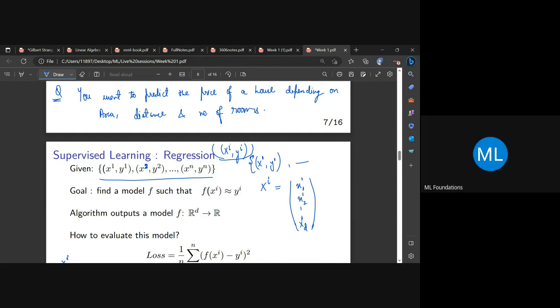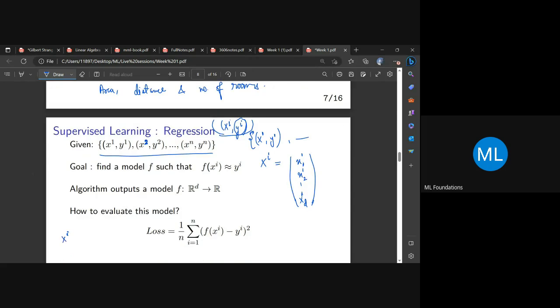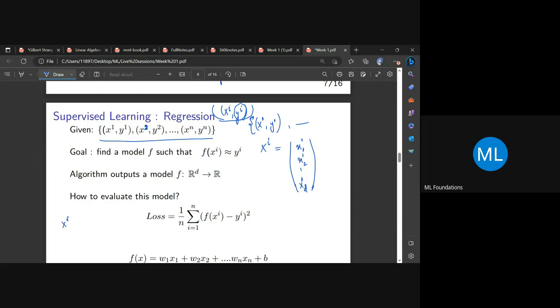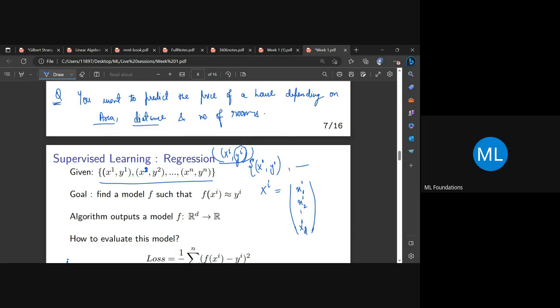So xi is a particular house, the ith house. I give you a house and you want to predict this yi, that is, the price of that house. And this xi, the ith house, will have three features: area, distance, and number of rooms.